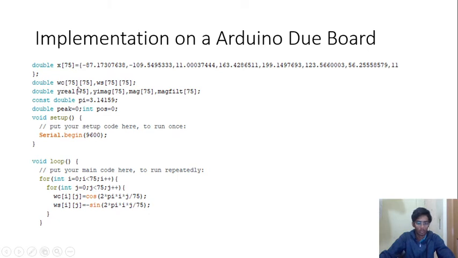So this will be the cos matrix and this will be the sine matrix, and this is the real and imaginary parts of the output. Here we have initialized the value of pi to 3.14. This loop shows how we can get the cos and the sine matrices. Here the sample size is 75.